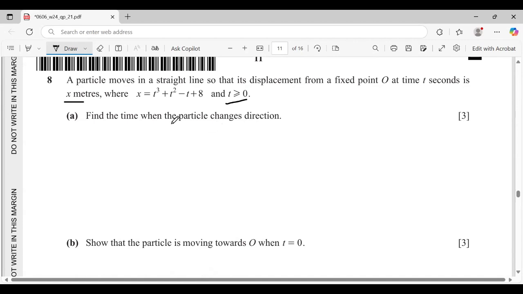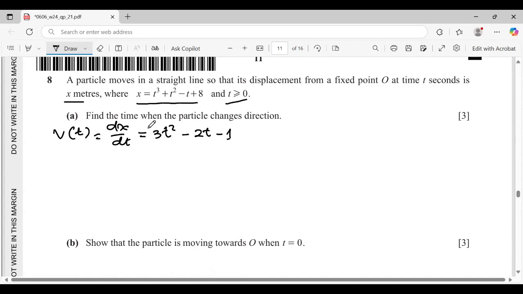All right. So this is the displacement function. So we're going to find the velocity function. The velocity function we can gain through the derivative of this function. So v(t) equals dx/dt, and it is 3t squared minus 2t minus 1.